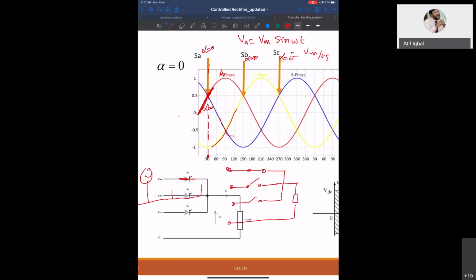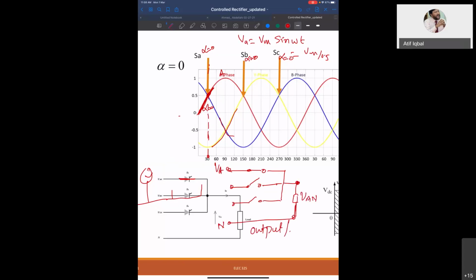So what will be the voltage across the load? It is VA, and this is your neutral point. So this is your VAN that will appear across the load.